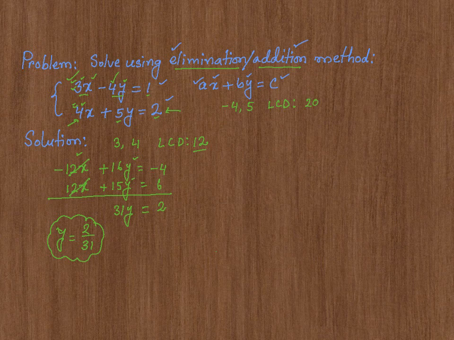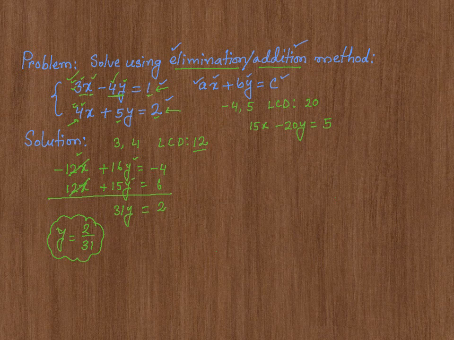So we are looking for 20 here. Now we multiply this equation by 5. 3x times 5 is 15x. Negative 4y times 5 is negative 20y, equal to 1 times 5, which is 5.